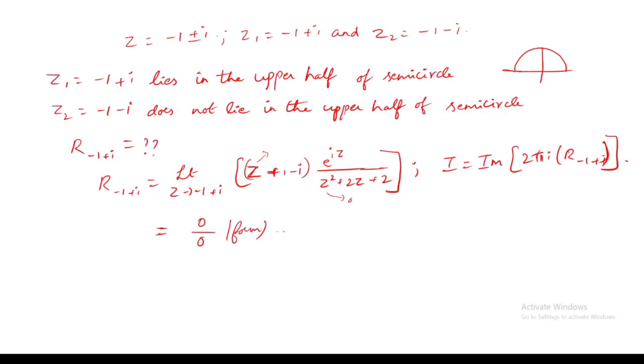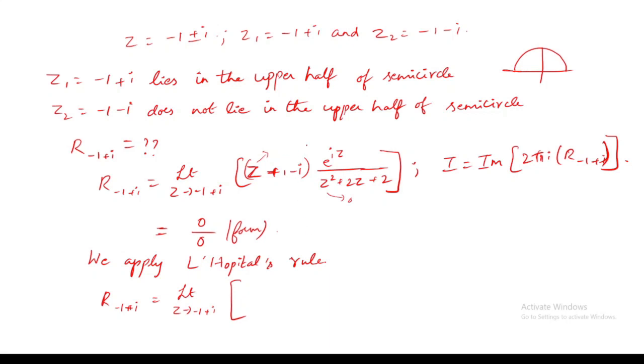So we have to apply L'Hopital's rule. Therefore our residue at minus 1 plus i becomes the limit z tending to minus 1 plus i. For applying L'Hopital's rule, we take the differentiation of numerator and denominator separately.